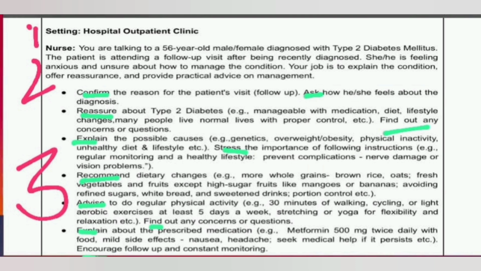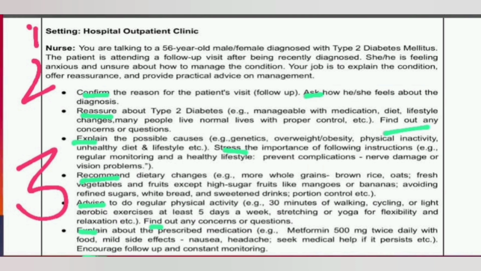Okay. So the first task is to confirm the reason for the patient's visit, that is follow up, and how he or she is feeling about the diagnosis.